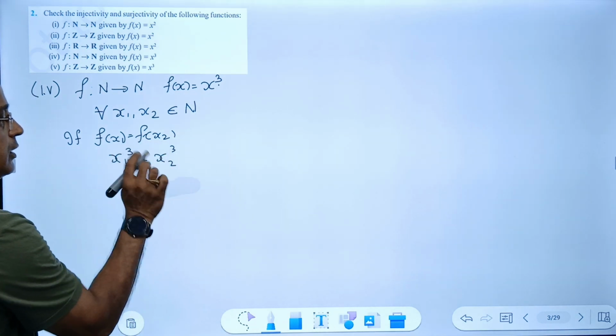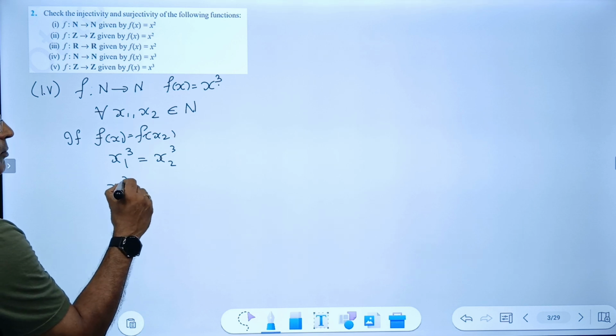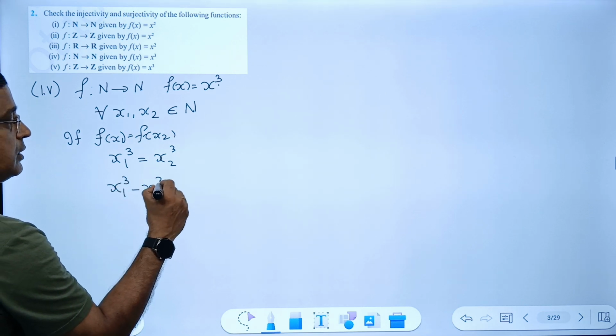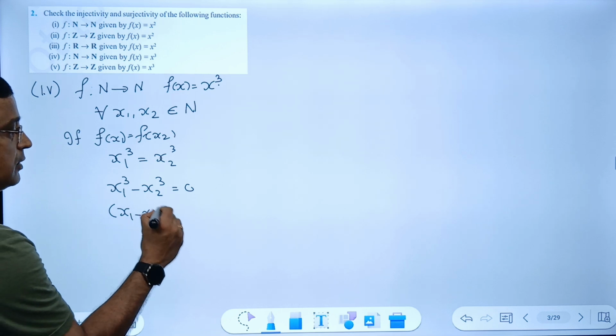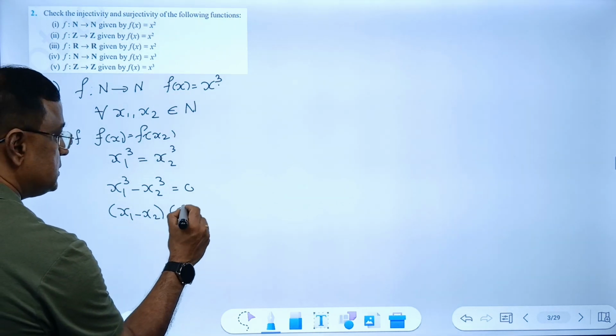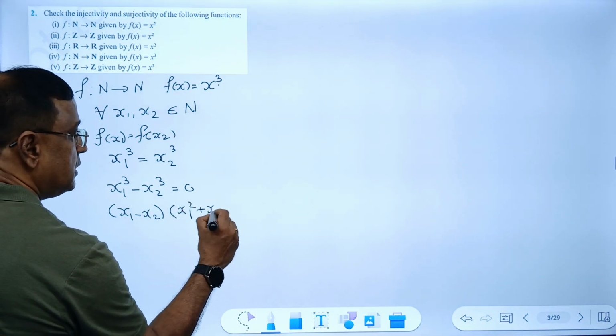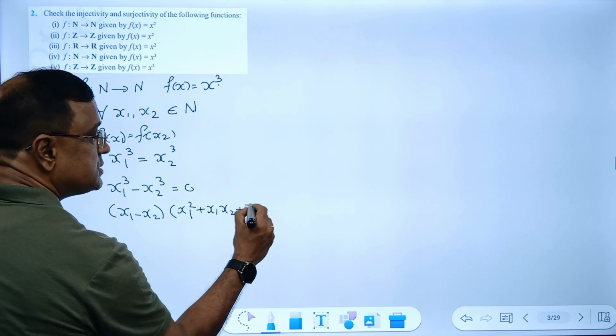Or, if you want to be very specific, a cube minus b cube, which is x1 minus x2 into x1 square plus x1 x2 plus x2 square.